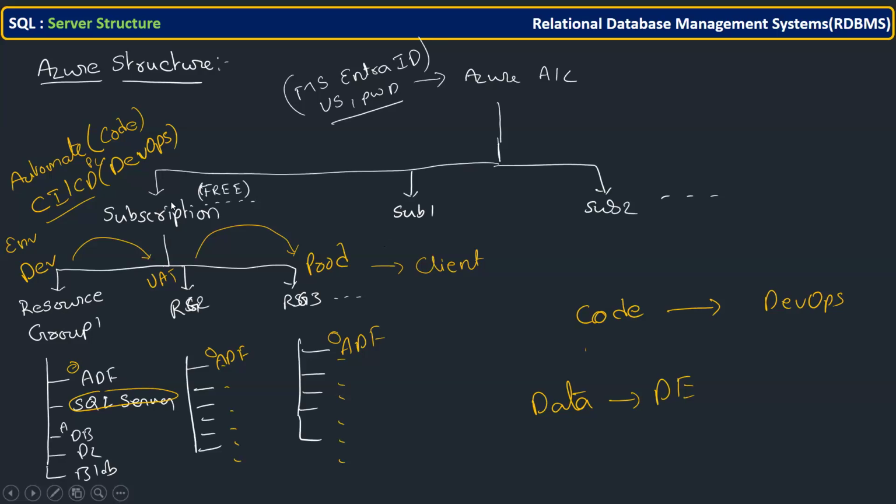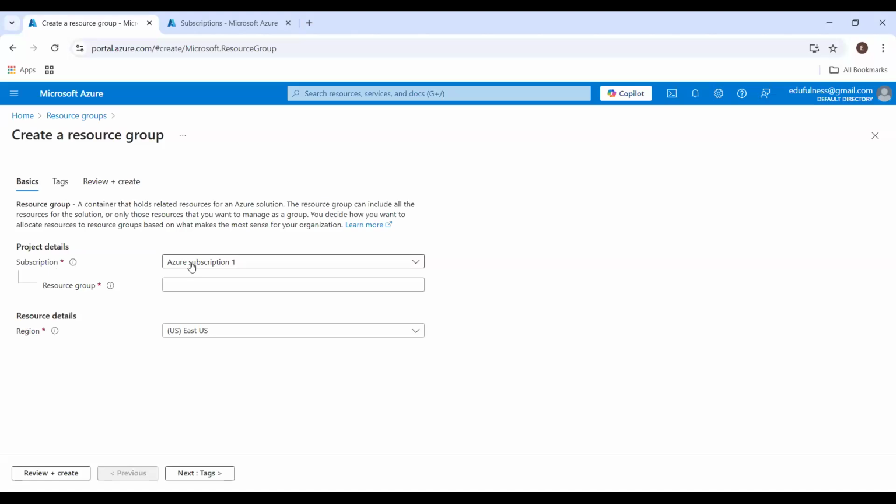Here also we are going to maintain the same thing. The very first thing it is asking is, what is your subscription? I have only one subscription. In your real time, if you have multiple projects for the same client, you will find some more names in the drop down. I have only this one subscription, that is fine.